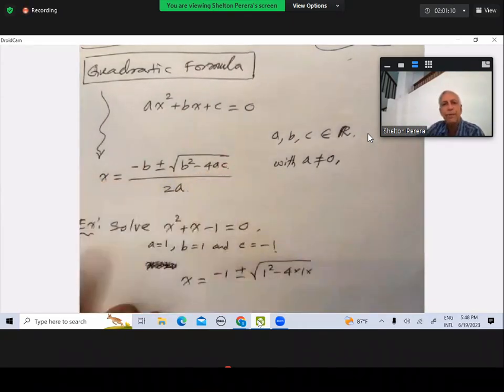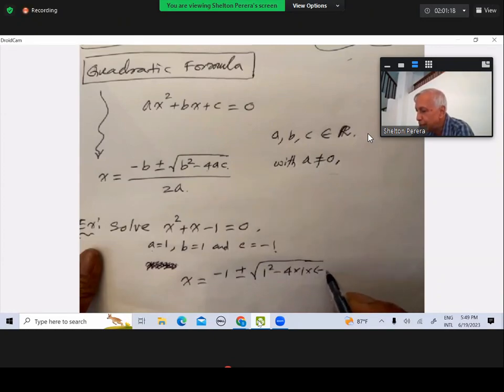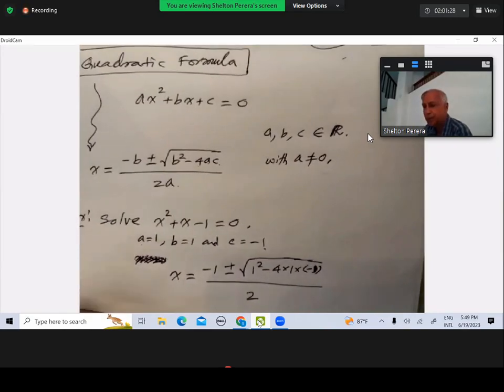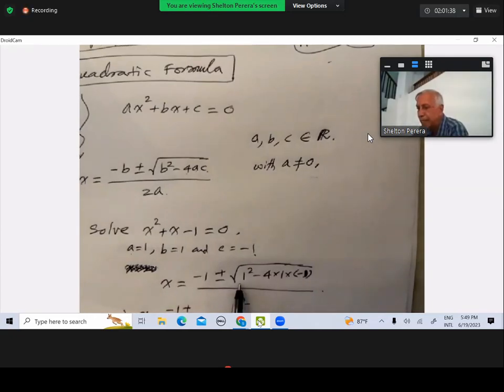You have to memorize this formula, okay? b squared minus 4ac. c is minus 1, so be careful. Put a bracket around minus 1 and put a multiplication sign, over 2. These are the solutions. Therefore, x is equal to minus 1 plus or minus, what is this? 1 and this whole thing together. You have to do the multiplications first. Minus 1.